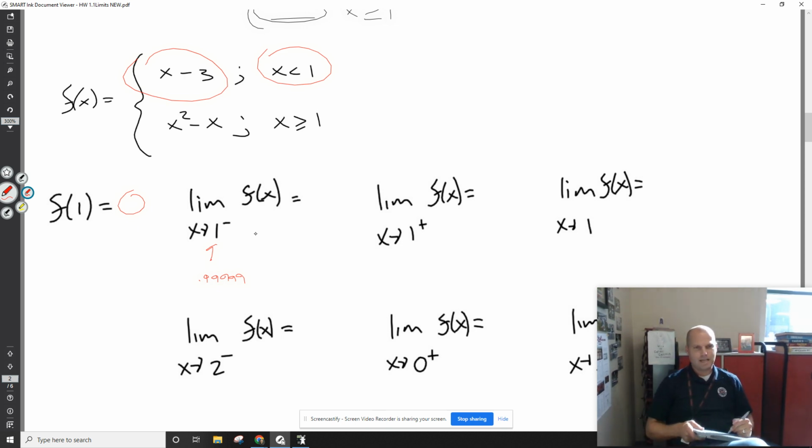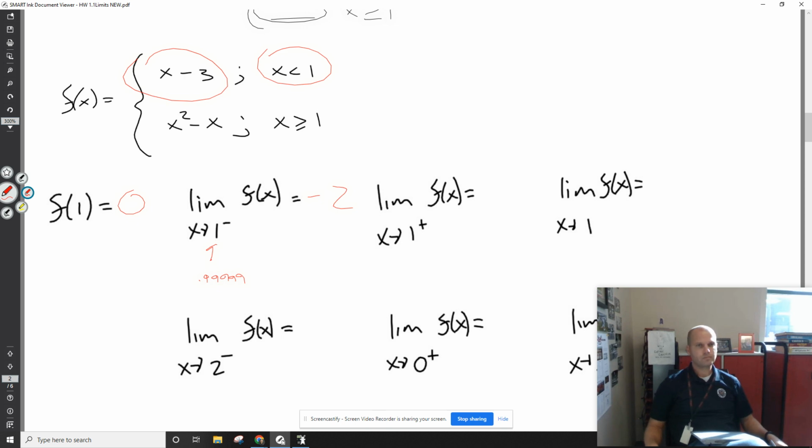Don't plug in 0.99999 into this, because you're going to get a value that's essentially the exact same one you're going to be infinitely close to if you plugged in 1 into this. And if you plugged in 1 into this piece, because we're using this piece for x less than 1, we get negative 2.